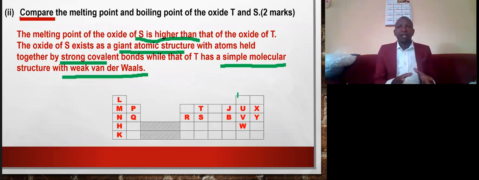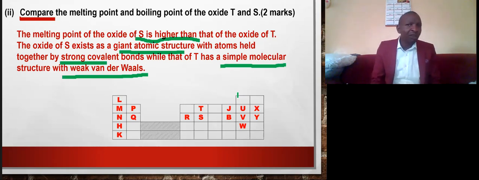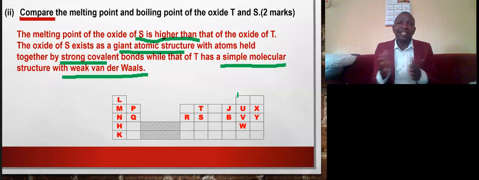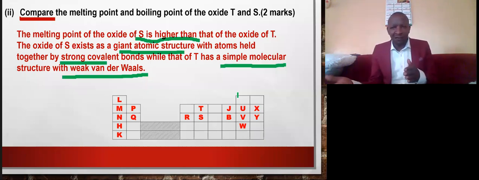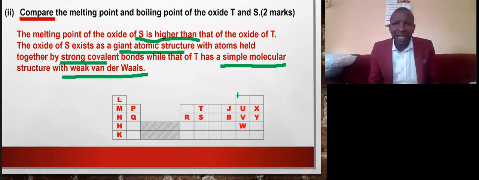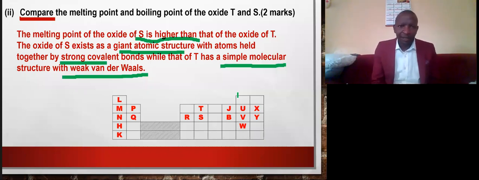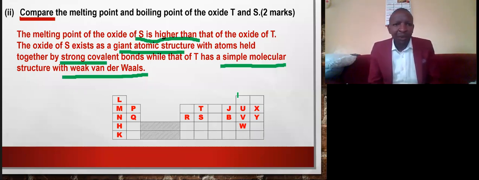So there is a marking point for comparing the different structures and mentioning each bond and each structure; you score half. That question might end up giving you 3 marks, because now you're just told to compare. But sometimes you may be told directly to explain why the oxide of T has a lower melting point than the oxide of S. Very important.